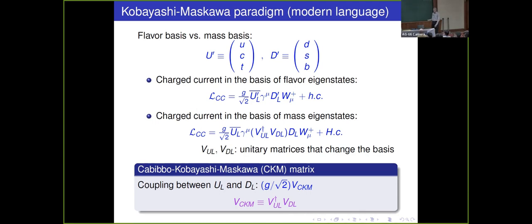So the claim was that a simple change of basis from flavor eigenstates to mass eigenstates of up and down type quarks actually gives you a matrix which necessarily has a complex component. And the claim is that this complex component will tell us about all CP violations.